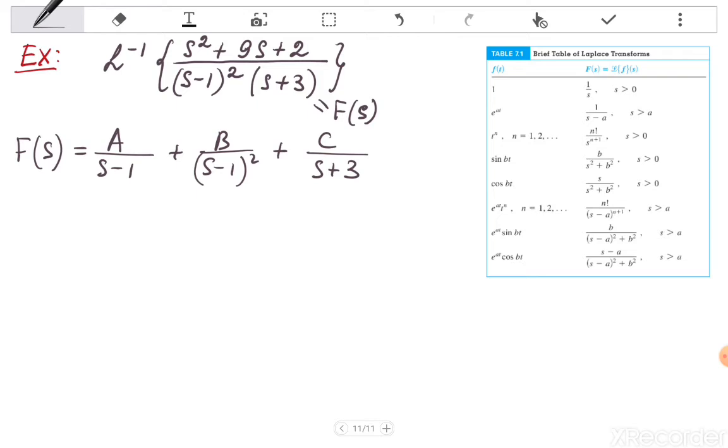So now we need to find a, b and c. Let's use the second method that I explained in the previous part of the lecture.